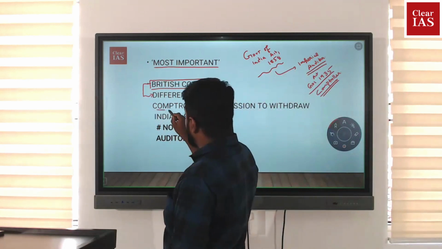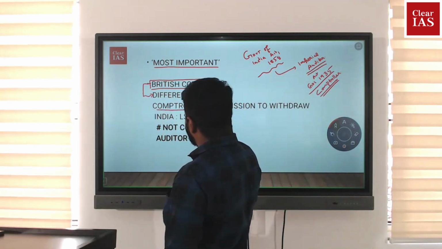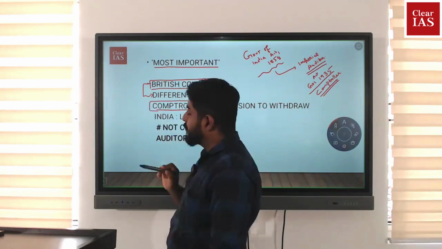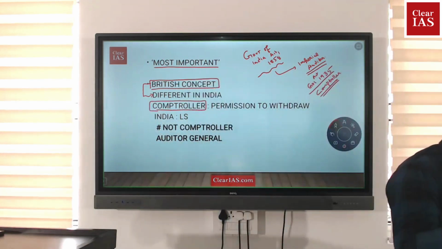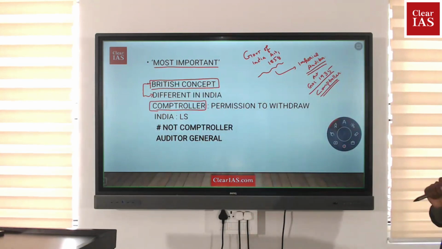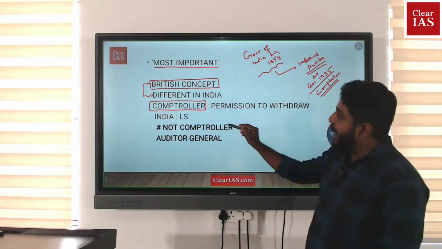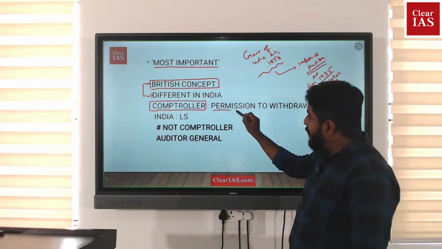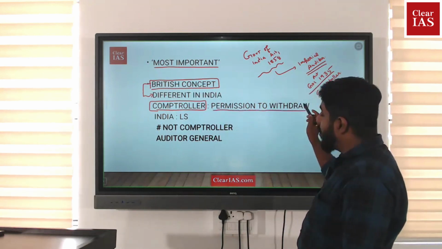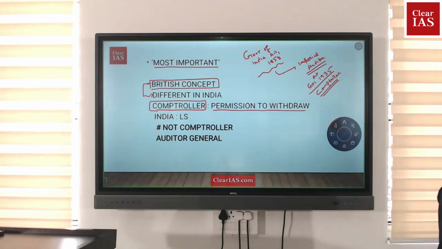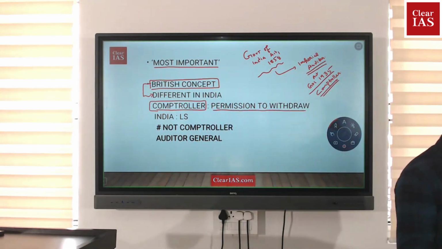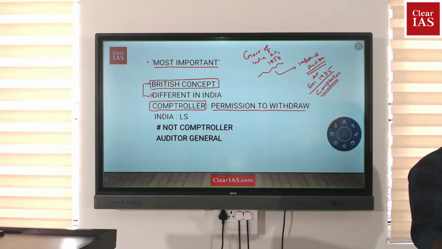See, when you see the term comptroller, what does it mean? It is not controlling, it is comptroller. What does it mean? See, this is in fact the permission to withdraw money. Controlling means the permission to withdraw money.